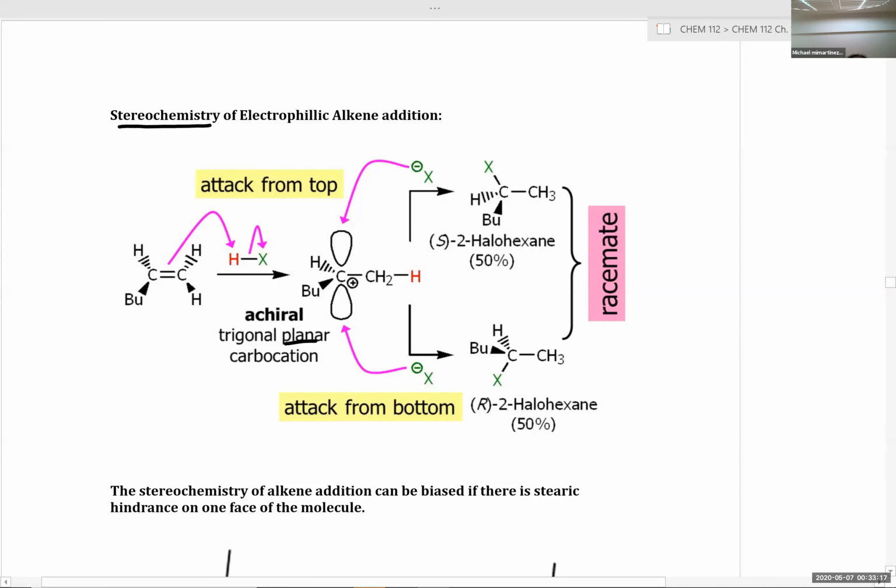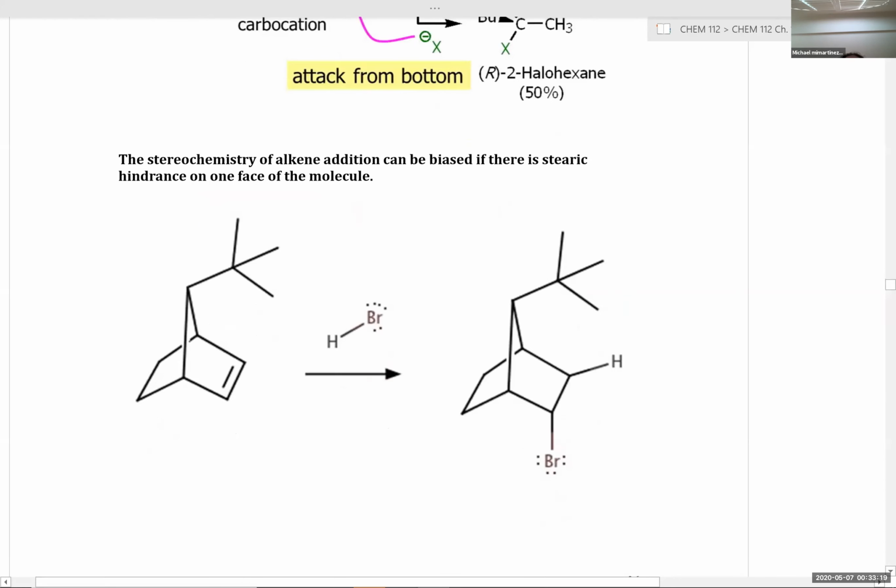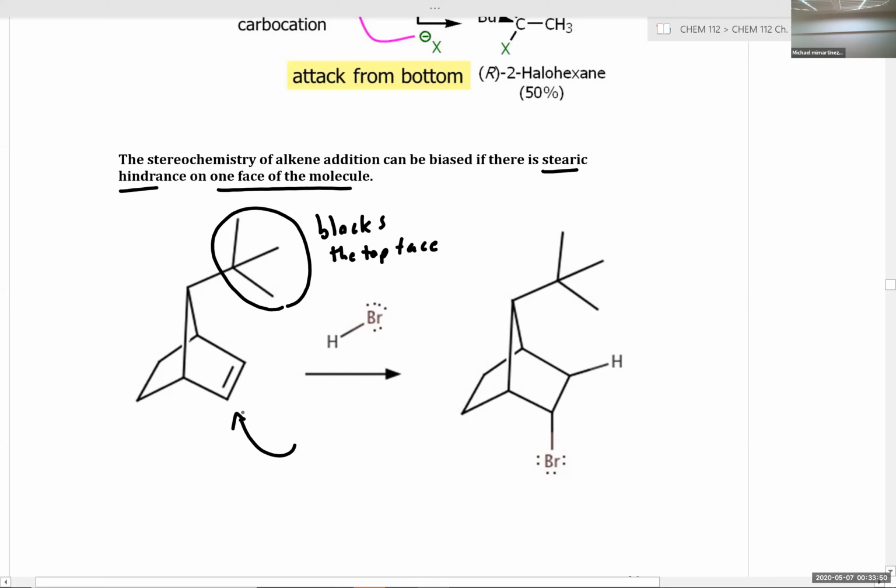Now, that's not to say these reactions can't be manipulated to give a little bit of stereoselectivity. You can end up with some biasing of your stereochemical outcome if there is steric hindrance on one face of the molecule. For example, does everyone notice how we have this large t-butyl group on the top face of our molecule? This large t-butyl group blocks the top face, and as a result, our approach is generally going to be constrained to the bottom face.